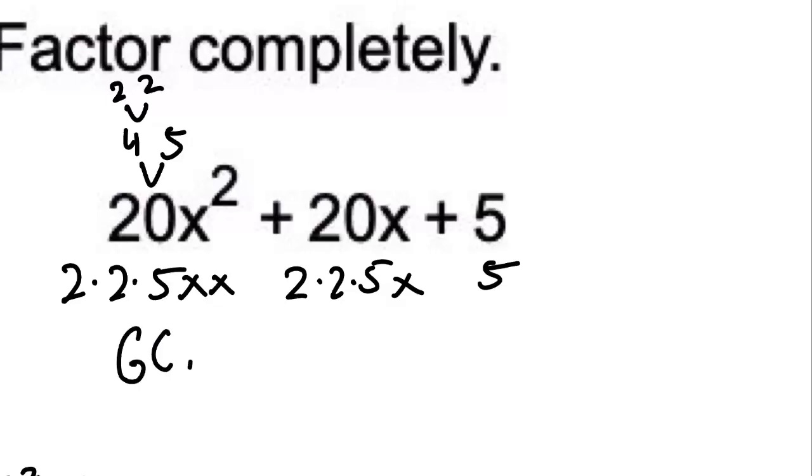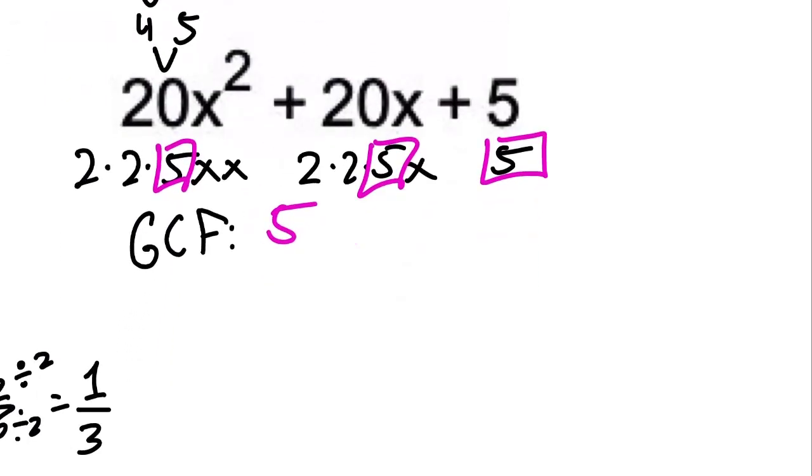So what's the greatest common factor that both terms share? Yes, Max. 5. Very good. So it's just 5. Whatever you factor out, it has to go in the very beginning, and pretty much you gotta carry it for the ride for the rest of the problem.